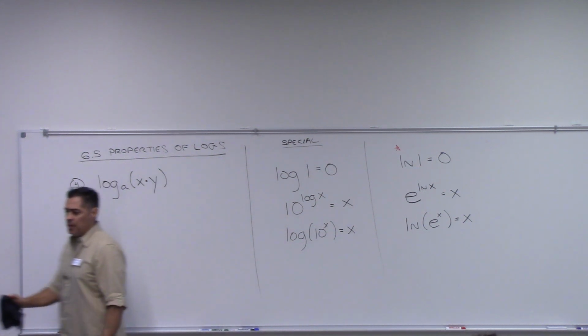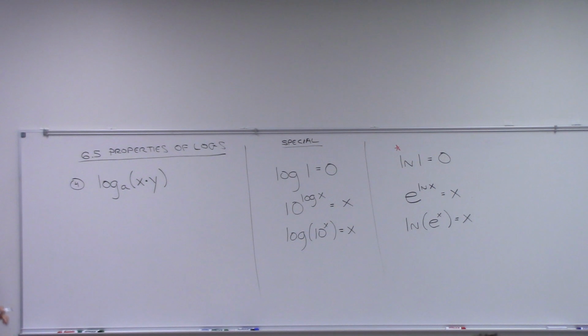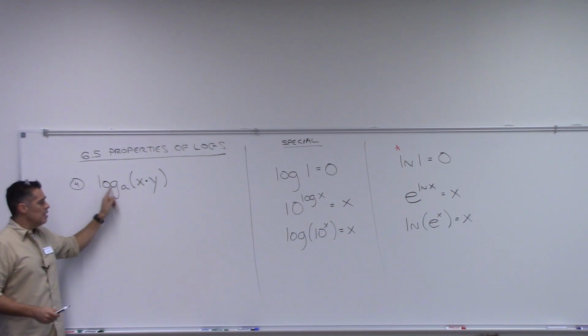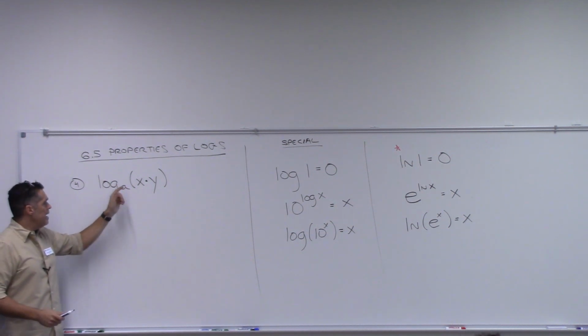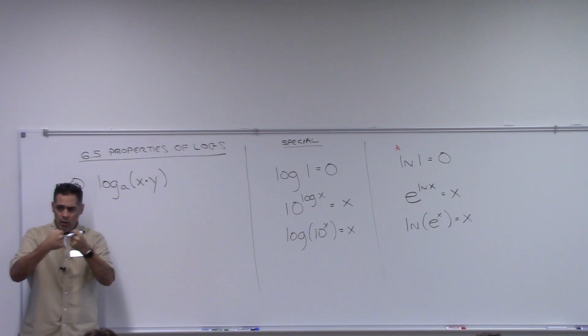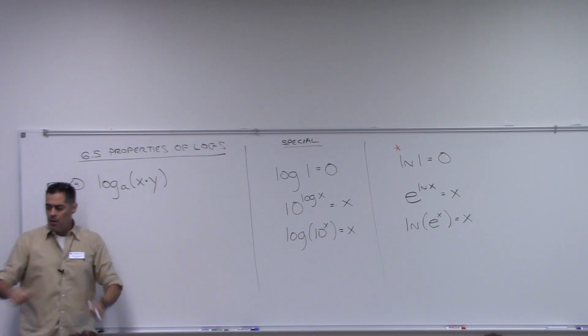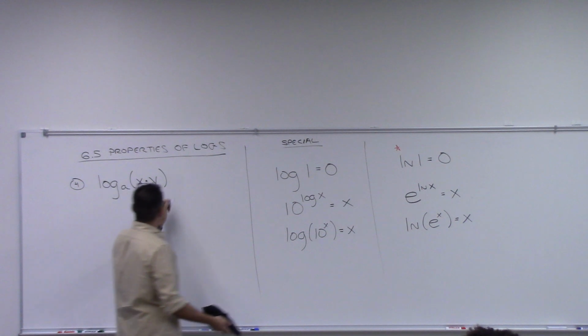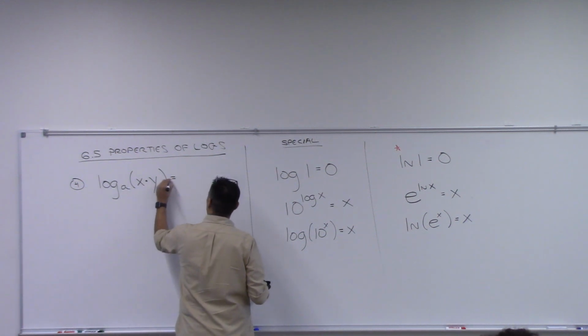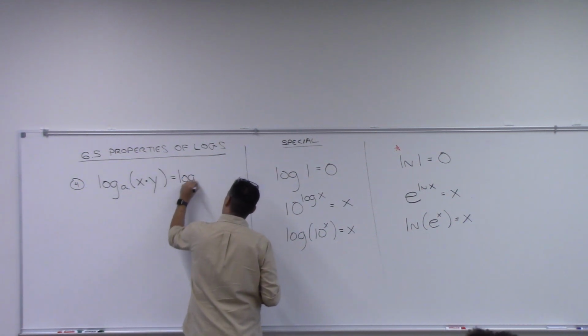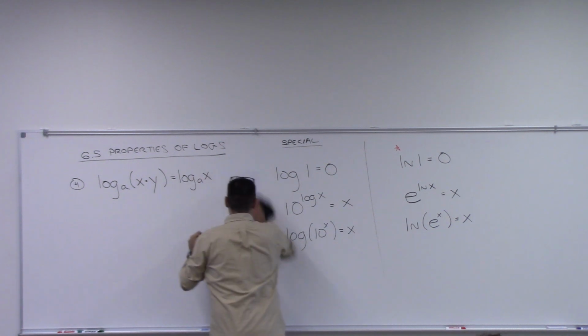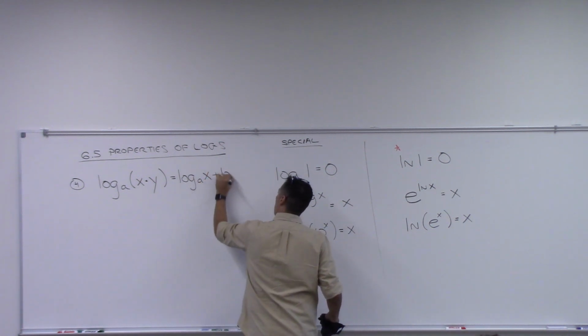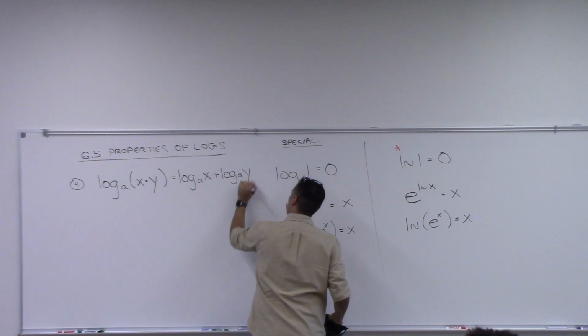Do y'all see we have a single logarithm, right? Log base a, and inside that log I have two things being multiplied, all right? What this property says is that this becomes log base a of x plus log base a of y.